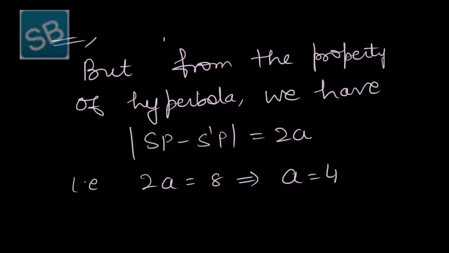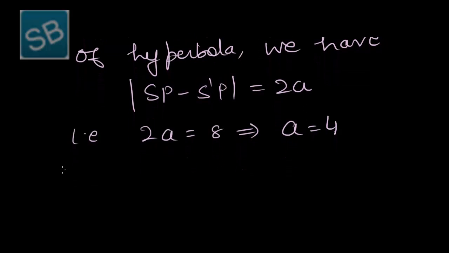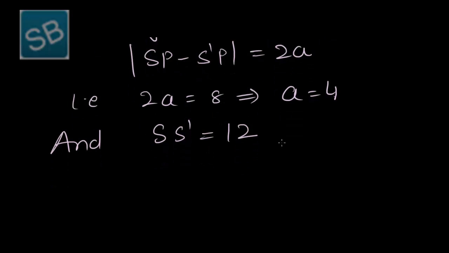And another condition is S and S dash are 12 units apart. So the distance between them on the transverse axis is 2c, so we get 12, that is c is equal to 6.